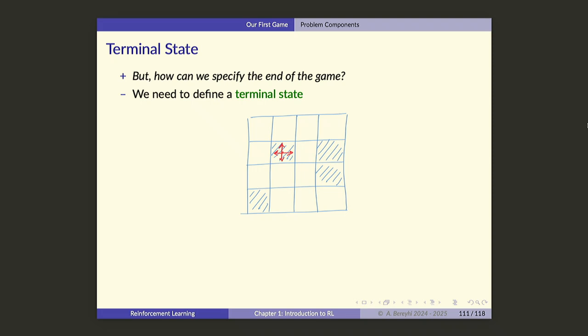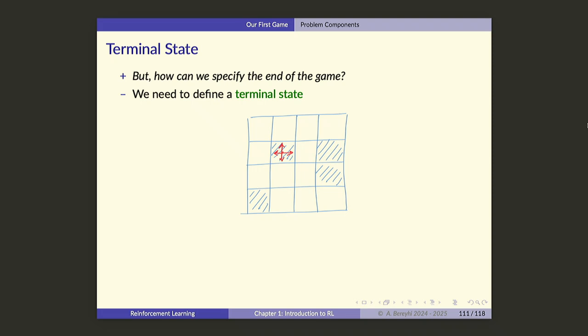Since we have a state, we can use the notion of a terminal state. This is going to make the story much easier. So we can define what we call a terminal state. What is the terminal state? It means that when you get there, it doesn't matter what action you do, you're going to remain there forever. And it doesn't matter what your action is, you're always going to get reward 0. Nothing is going to change.